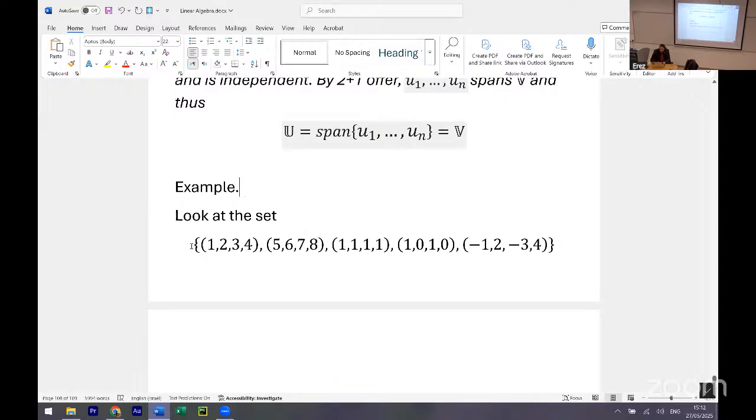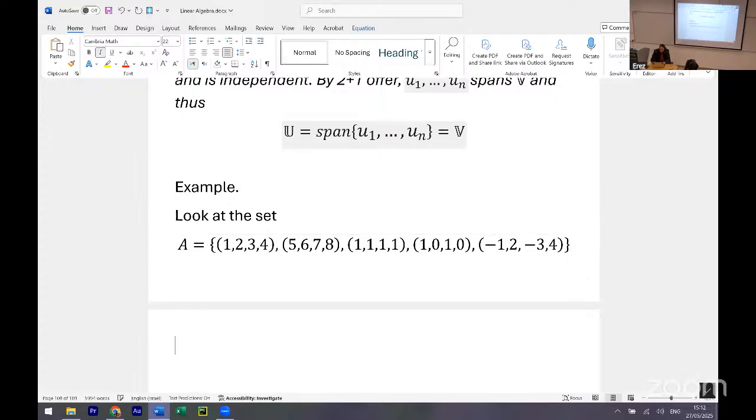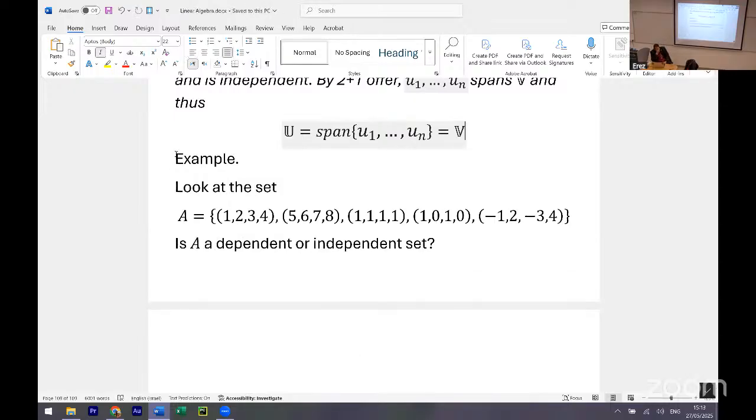Let me name it A. Is A a dependent or independent set? How can we know? Do we have any idea? Is this a dependent or independent set?